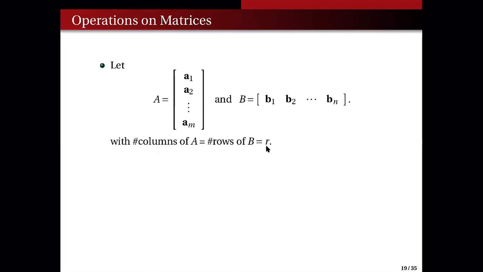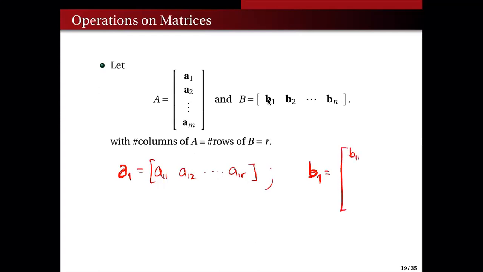Okay? So it means, for example, your vector A1 is what? a11, a12, until a1R, because the number of columns of A is equal to R. While for B, the number of rows of B is also equal to R. So say B1 here is a column vector.